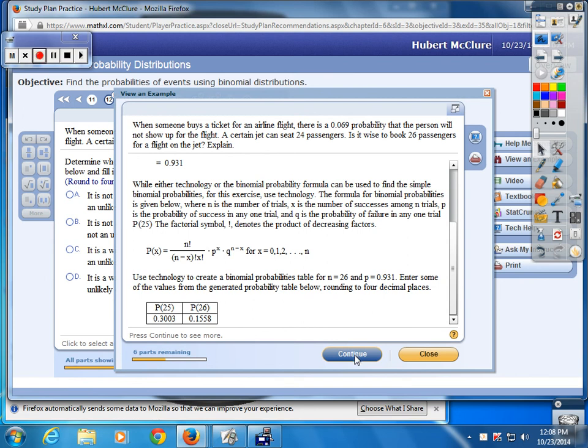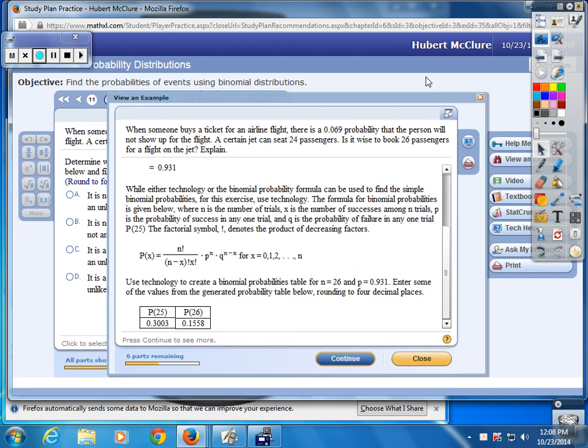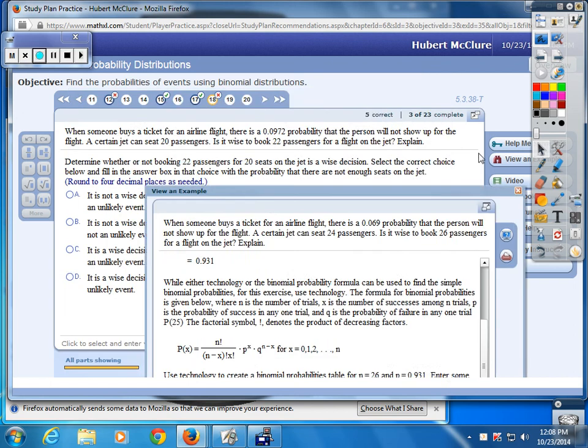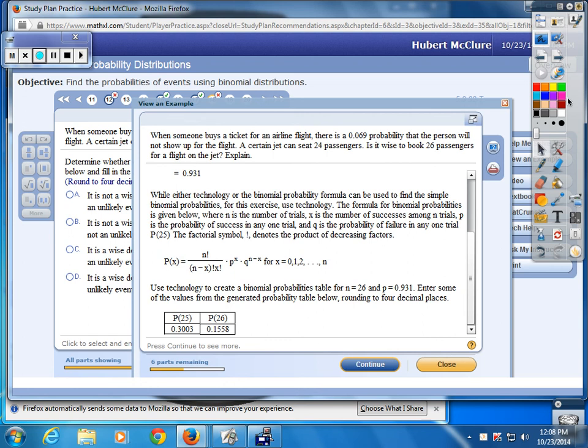That's not right. I'll give you a hint. N is going to be equal to 22. Because how many seats are there? There's 20, but how many passengers are being booked? 22.